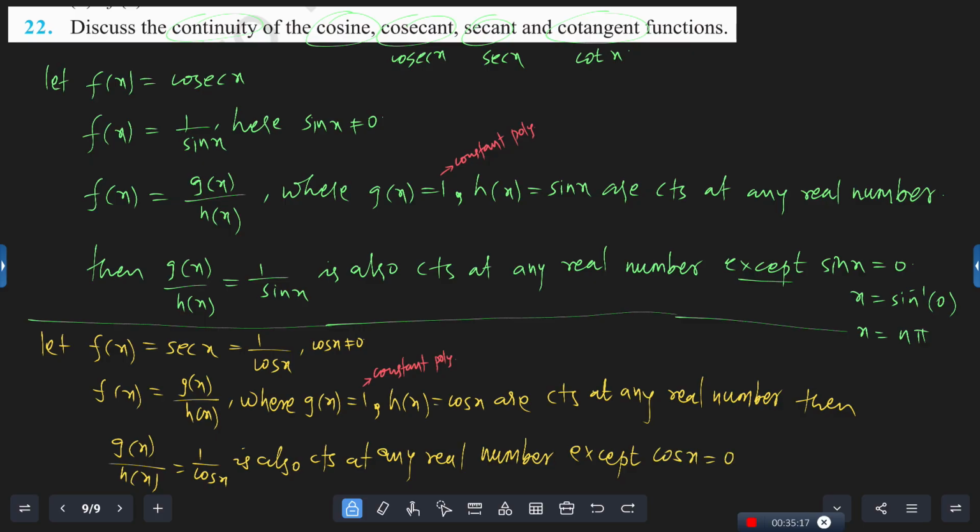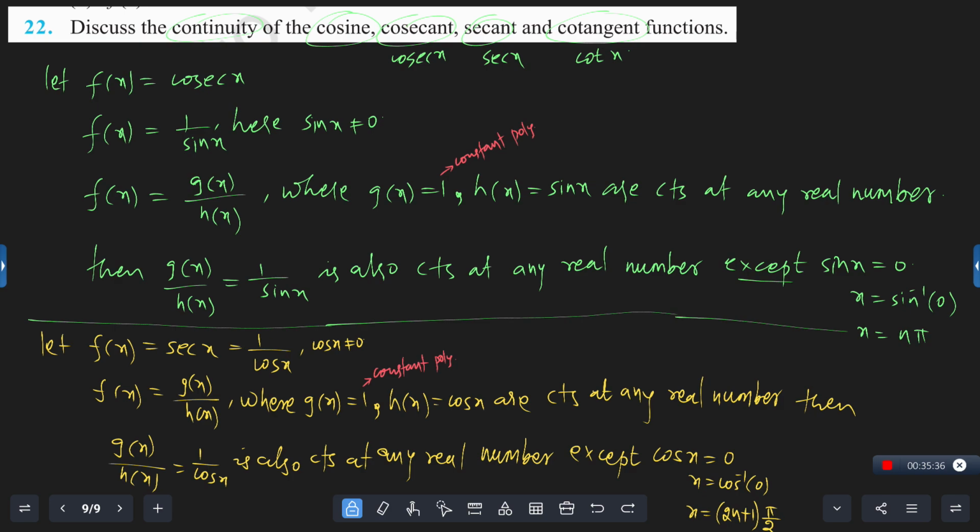Setting cos x equal to 0, we get x is equal to cos inverse of 0, which is 2n plus 1 into pi by 2.